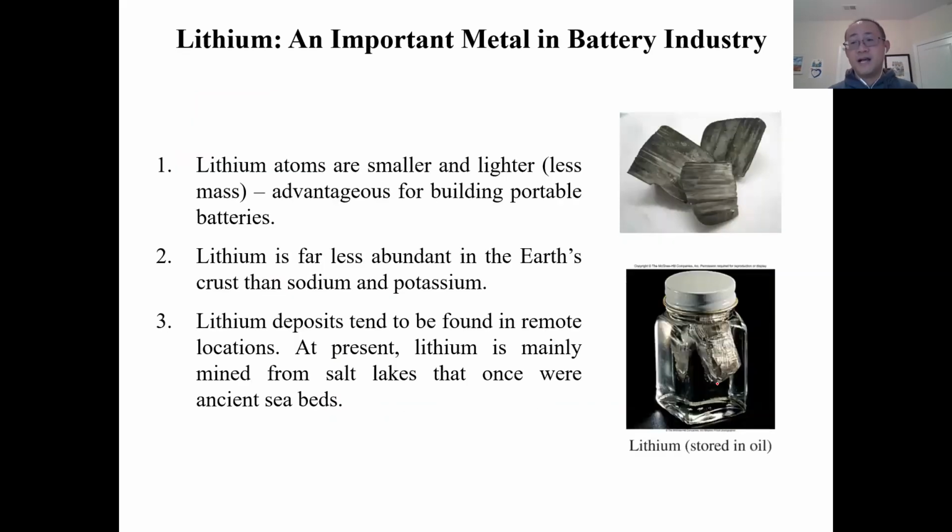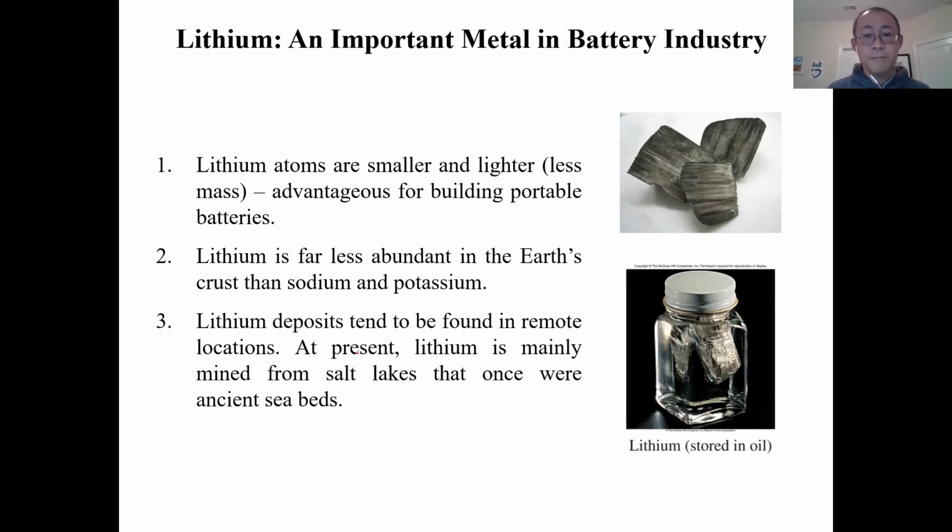However, lithium has very apparent advantages over other metals, because not only is lithium active, but also lithium atoms are small and light. And that lightweight is the huge advantage making lithium the most commonly demanded metal for building batteries for portable devices. Because remember, imagine you're holding something as light as possible.